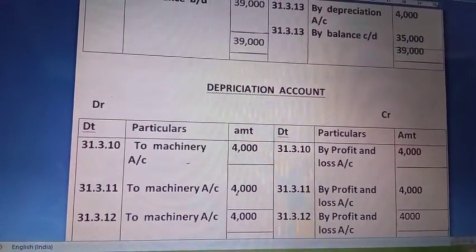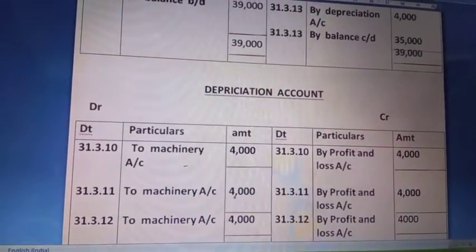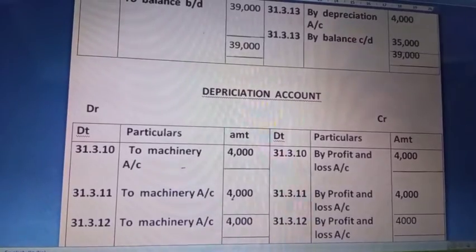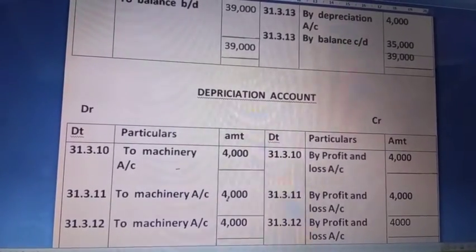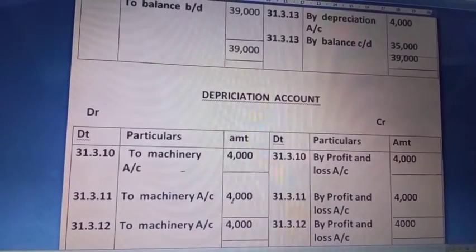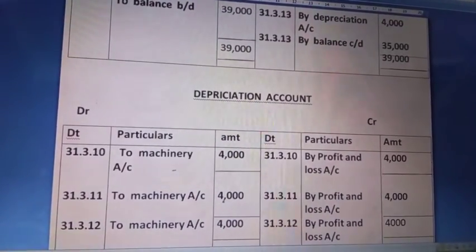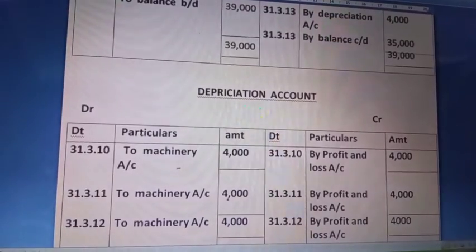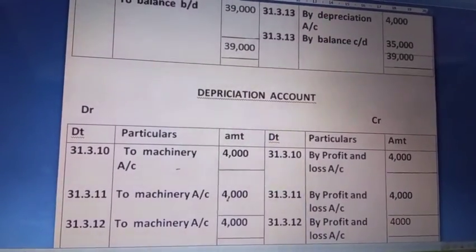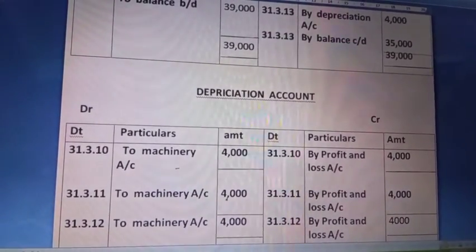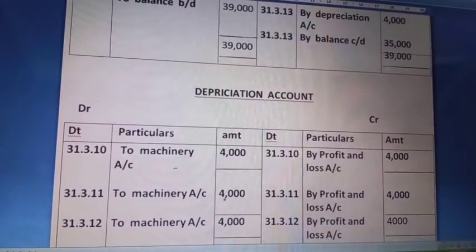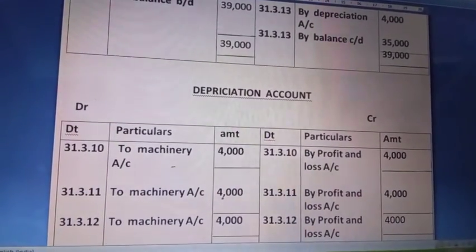Now we come to the depreciation account. In the depreciation account, we just pass the entry from the machinery account. So in the debit side we'll write to machinery account 4,000, and by PL account, because at the end of the year depreciation is being charged to the PL account. It will be recorded on the debit side as an expense.